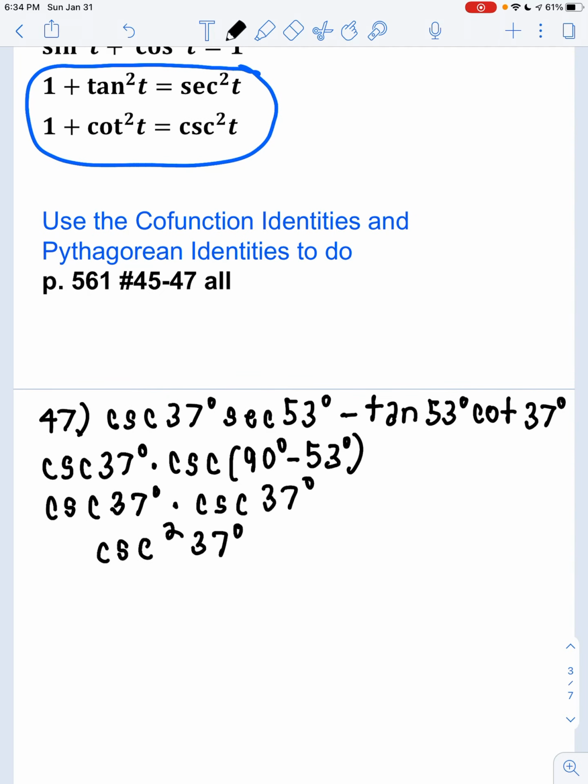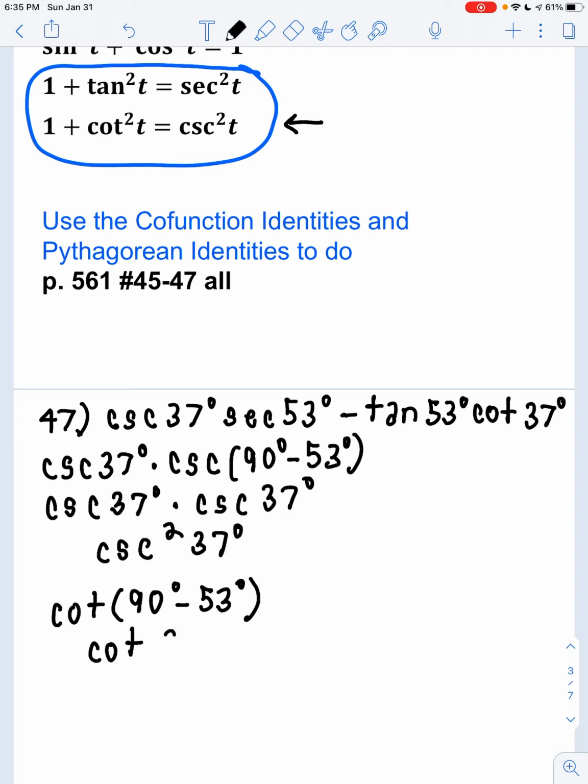I'm going to do the same thing, and I'm going to go with cotangent, and that's because in this identity up here, since I rewrote the first product as cosecant, I want to rewrite the second product as cotangent. So I'm going to rewrite the tangent of 53 degrees by using a cofunction and saying the cotangent of 90 degrees minus 53 degrees would be the cotangent of 37 degrees.